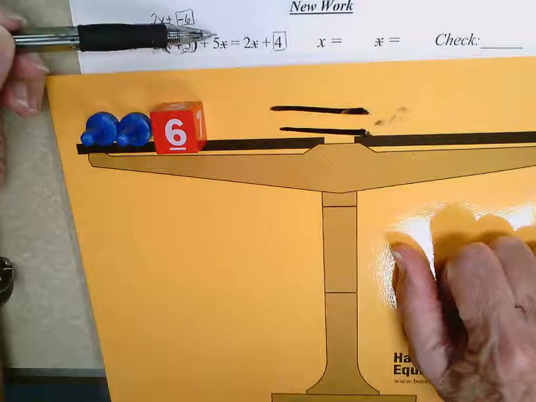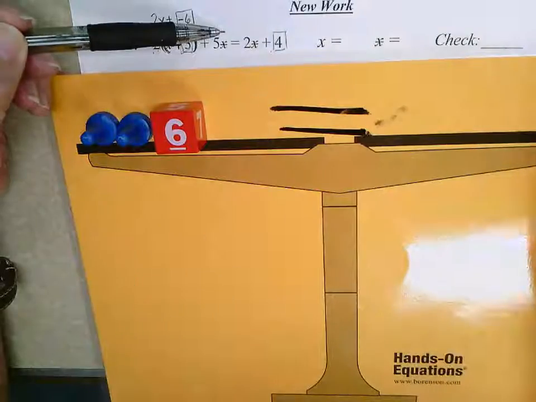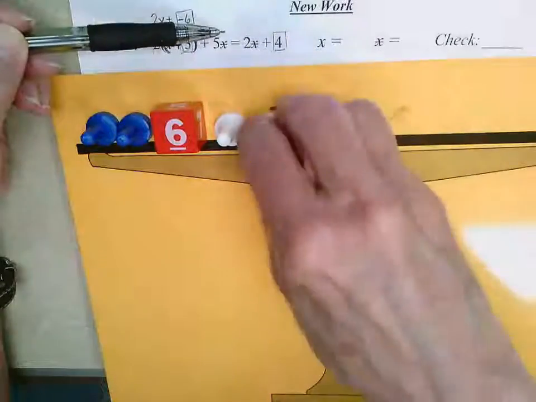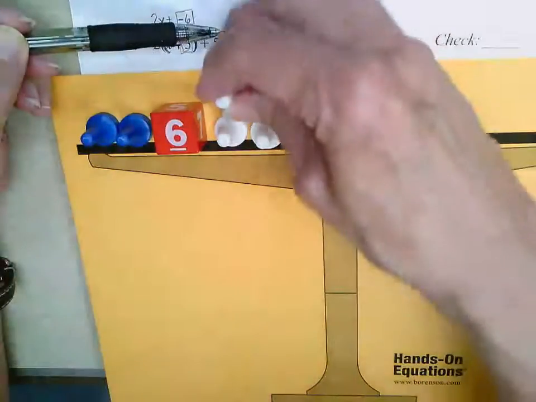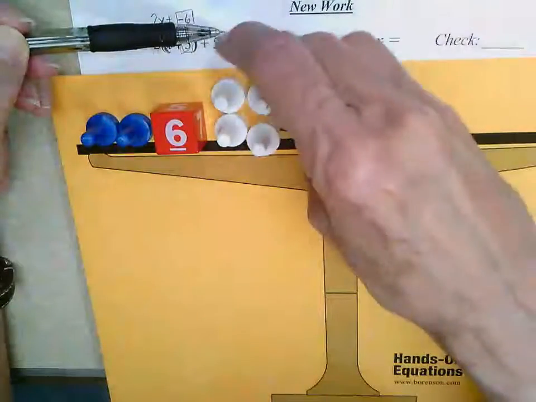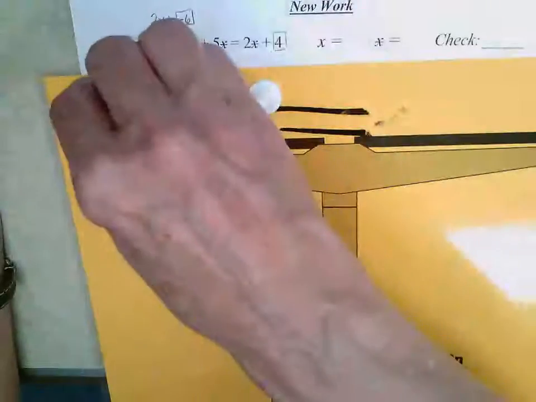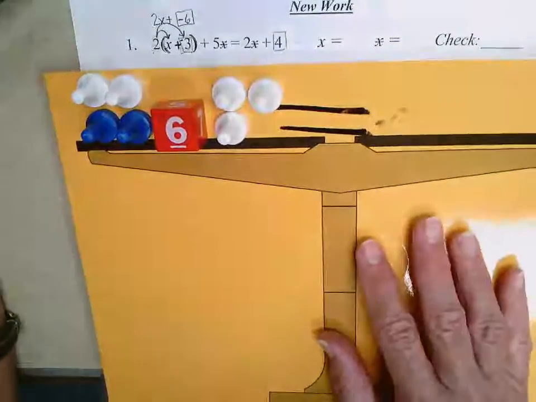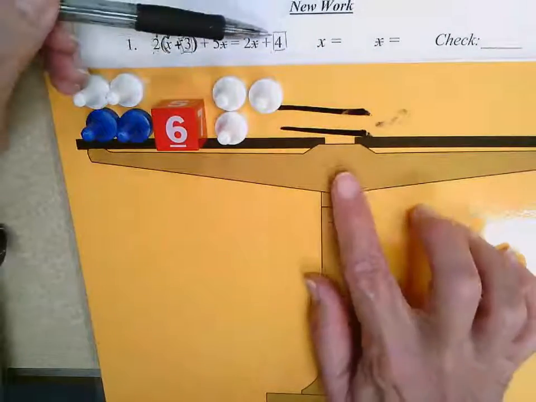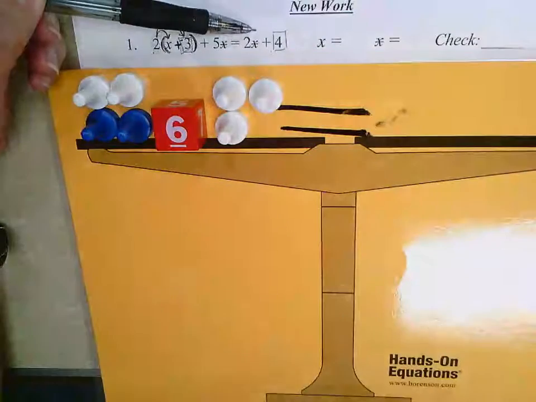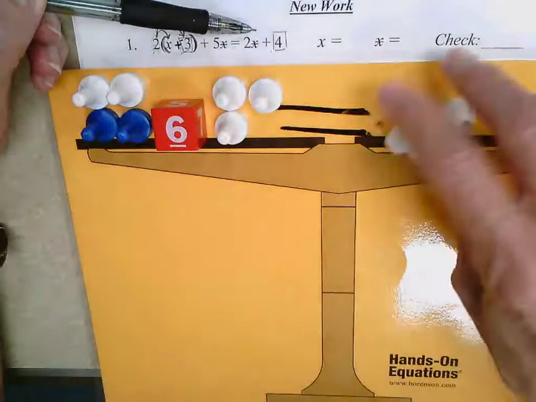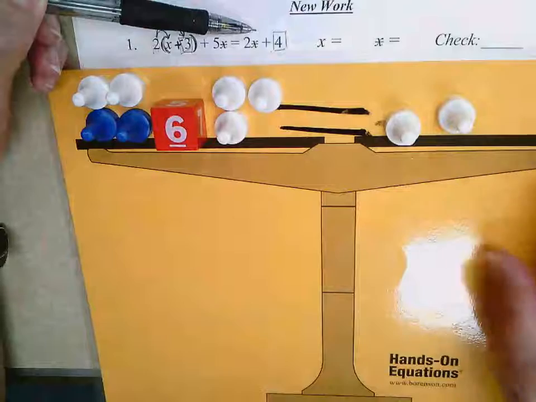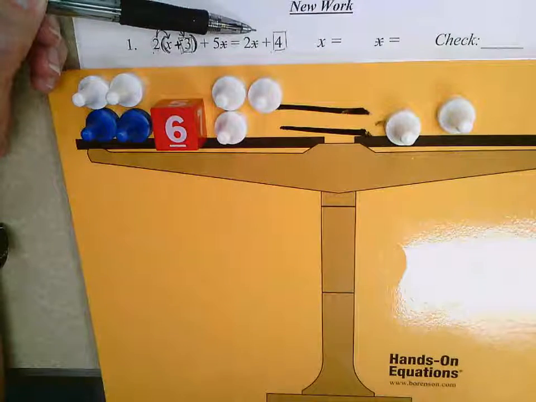Then it says to add 5 white pawns. It's getting crowded. As a matter of fact, I'm going to move that one over there. And on the other side of the equal sign, I'm going to have 2 white pawns and a 4 block that is green.